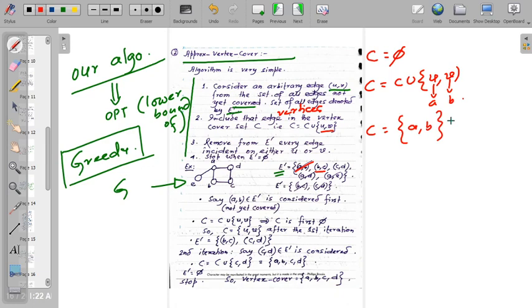Now we remove from E prime every edge incident on either U or V. First I take A and remove all edges incident on it, and then B: this edge is already removed, and it is incident on B also, so we remove it.